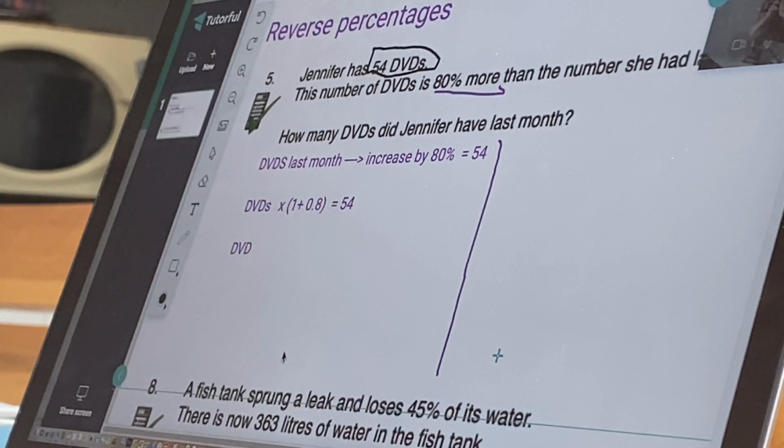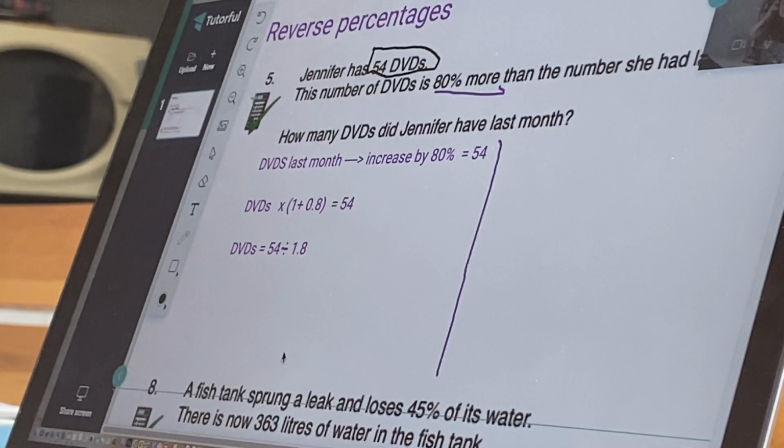I have a question. Do we need to find 80% of 54? Not quite. I'll show you that way next.